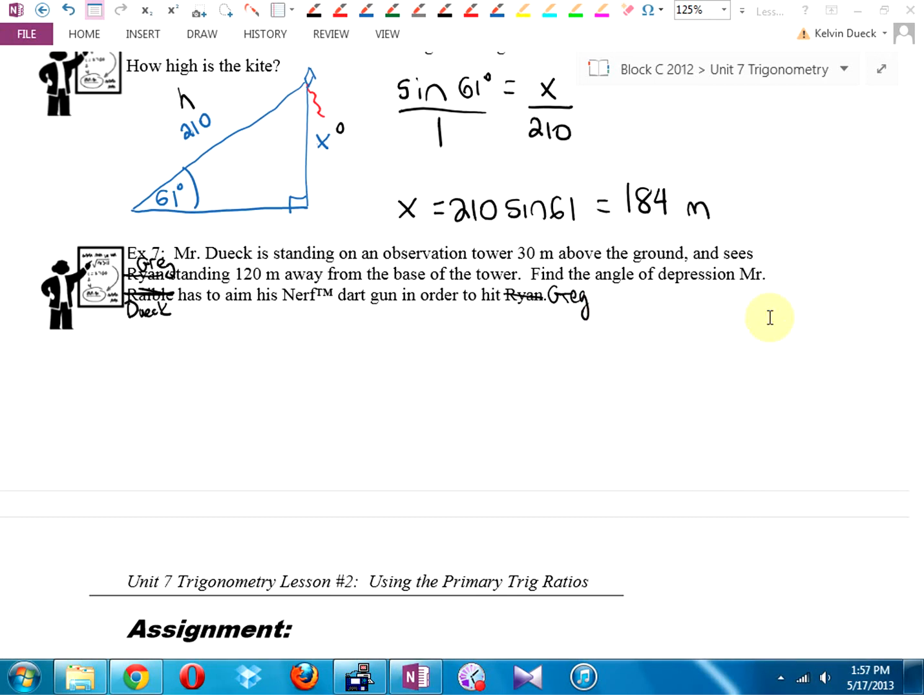So now that Greg has been kind enough to model this for us, let's draw a little picture. Let's put our little observation tower right there. There's G for Greg. Here's D for Dueck.